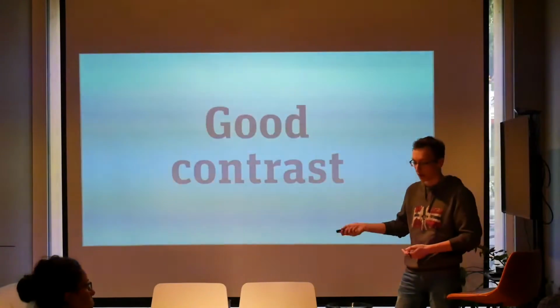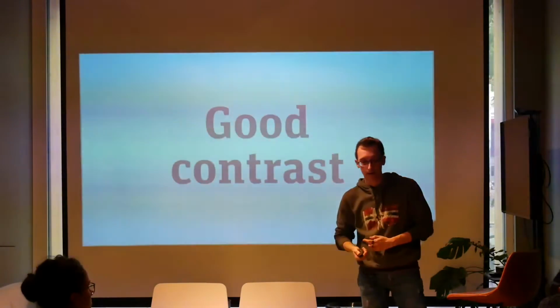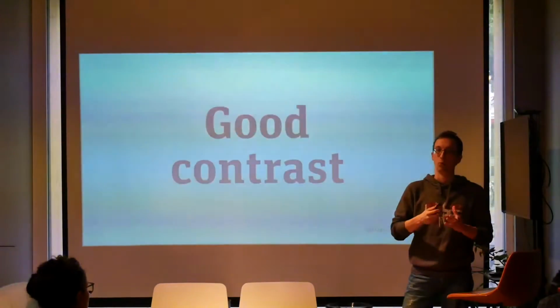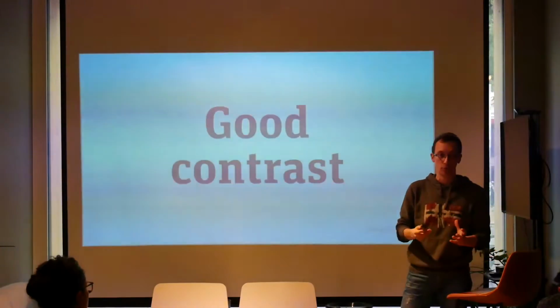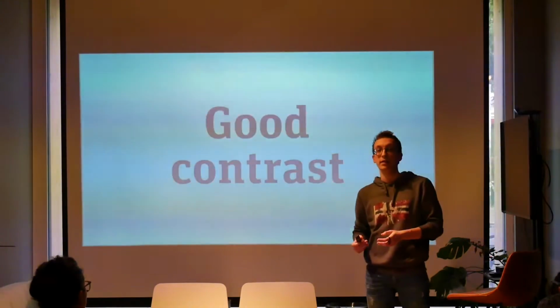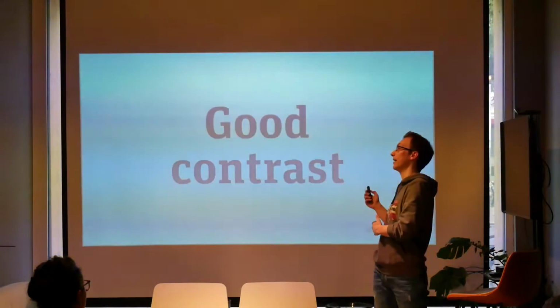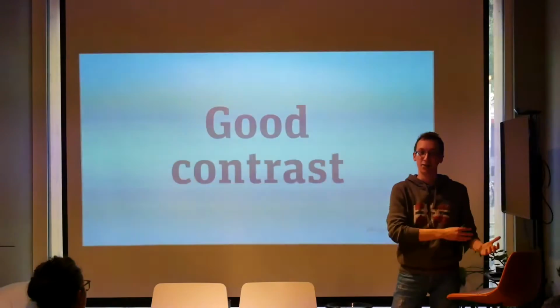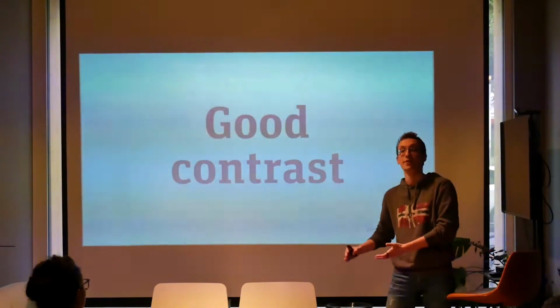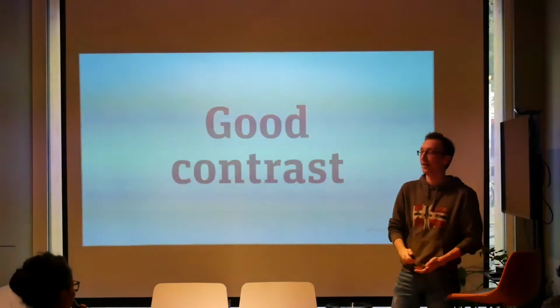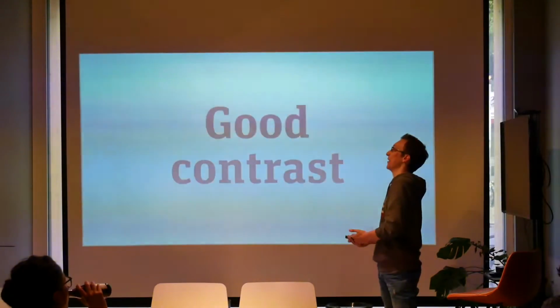This is a topic we'll come back to over and over again tonight. But I think this is probably one of the main problems we have on the web right now: the contrast is bad everywhere. It comes from a long design trend of having very light fonts on very light backgrounds. So this is definitely something we can work on.